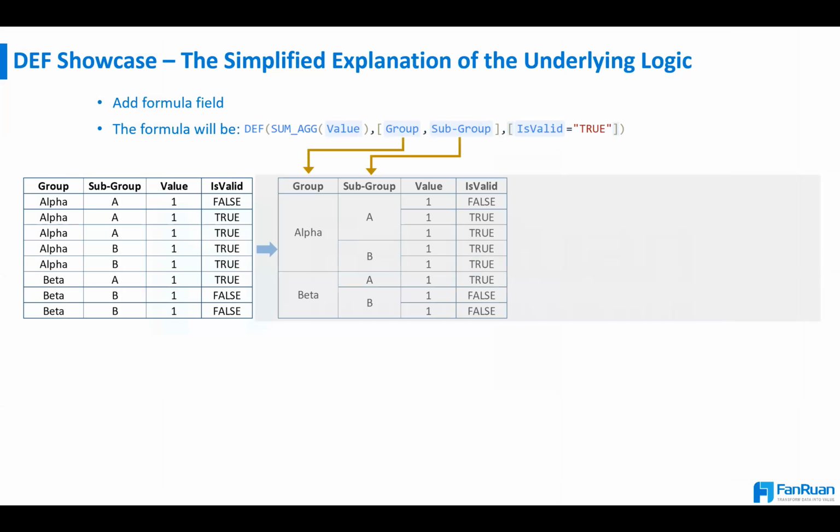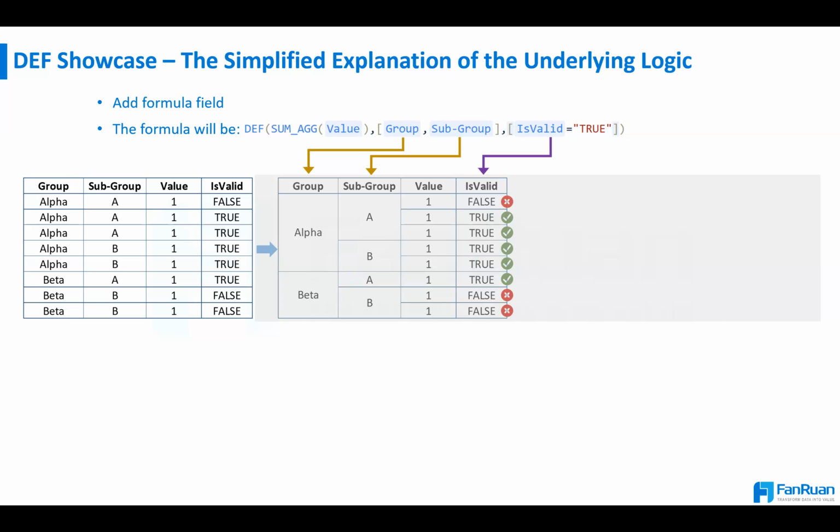As you can see, for the first step, all the data are grouped by the group parameters you provided. For group, it's grouped as alpha and beta. For subgroup, we have two groups named A and B, and they are all under their major group. For the next step, we test whether is valid equals true on each individual line.